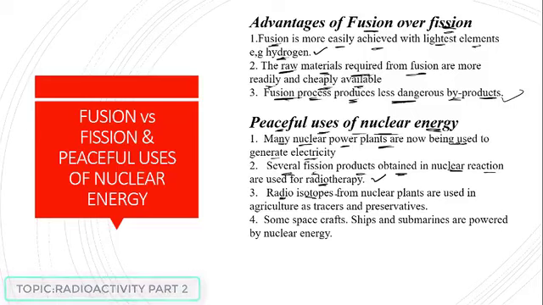We also have radioisotopes from nuclear plants that are used in agriculture as preservatives and as tracers. And then some spacecraft and submarines are also powered by nuclear energy, hence their capacity to cover huge distances and for submarines to remain submerged in water for a very long period of time.